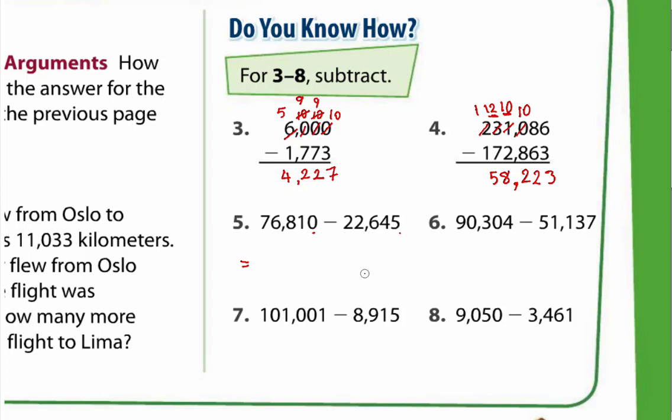0 minus 5. So we take 1 and put 10. Take one from where? From the 1, and it will be 0. Good. And after that, give this 1 to the next 0. It will be 10.